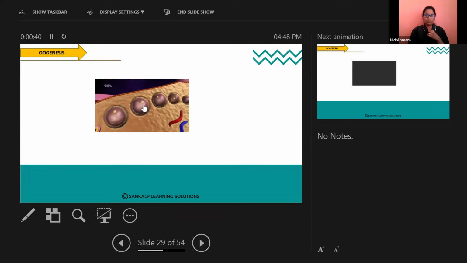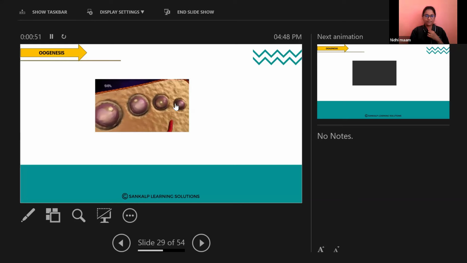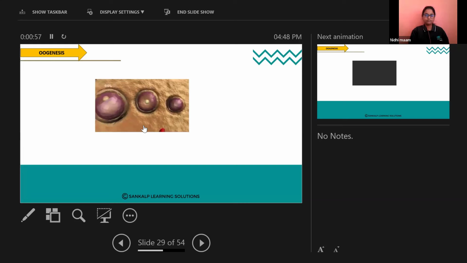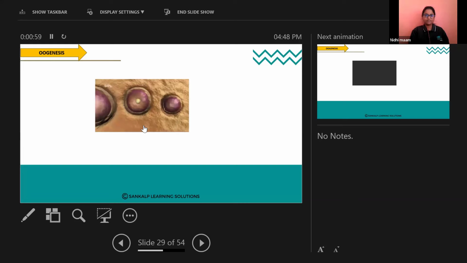So this primary oocyte will undergo the first meiotic division. This is a primordial cell, oogonia, which will undergo mitosis and produce the primary oocyte.